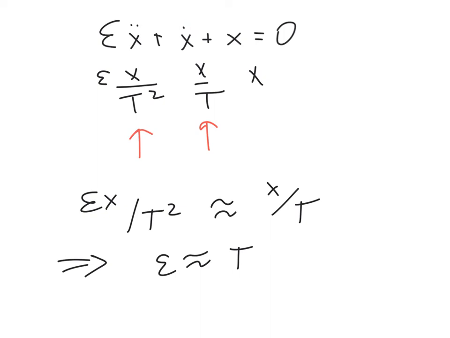And so that's why, when we plot the solutions, we have this very narrow region where the solution is doing something strange to meet the second initial condition, and the rest of the time it looks just like a solution to x dot plus x equals 0.